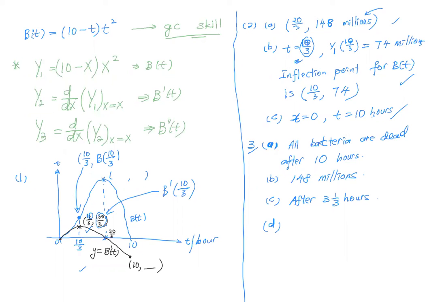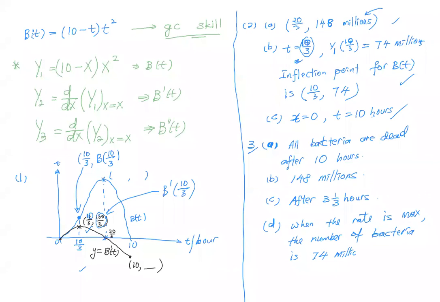You can get it from part B. When the rate is maximum, the number of bacteria is 74 millions. You are right.